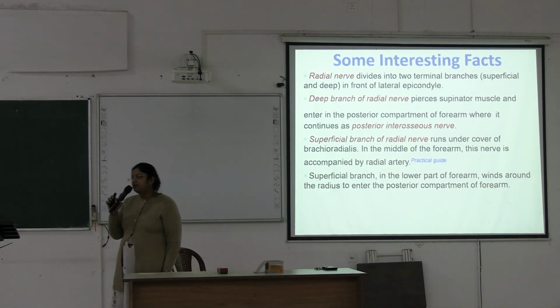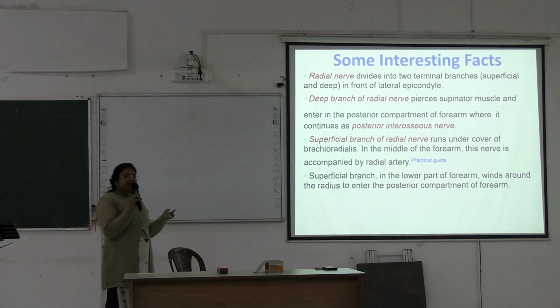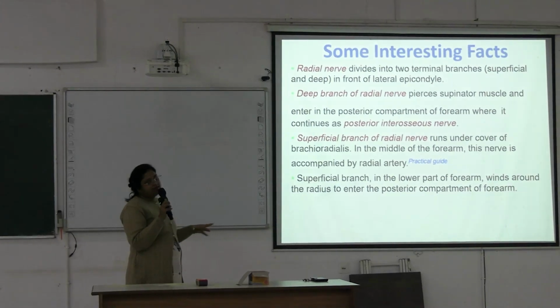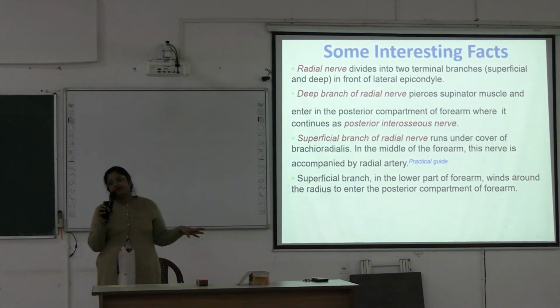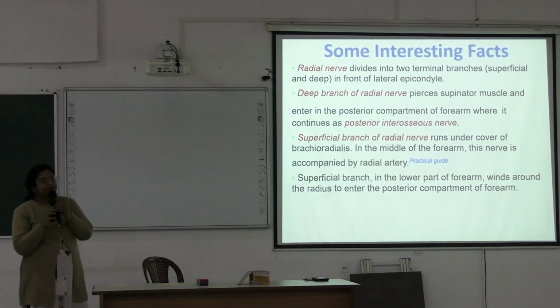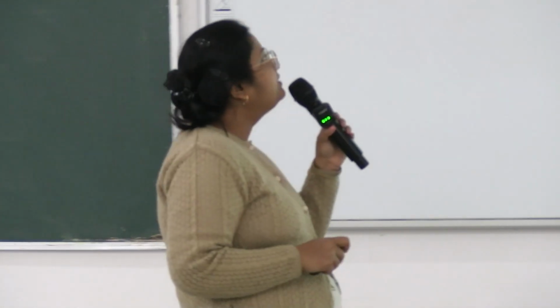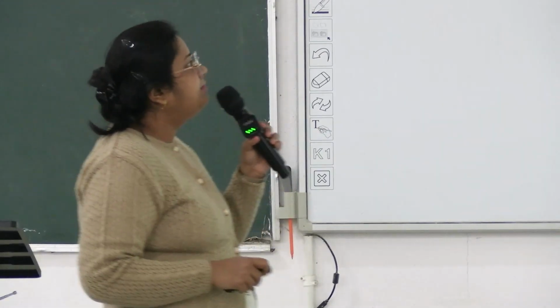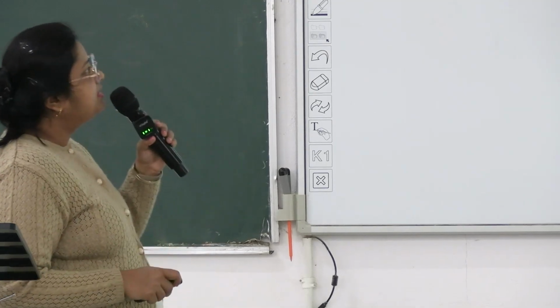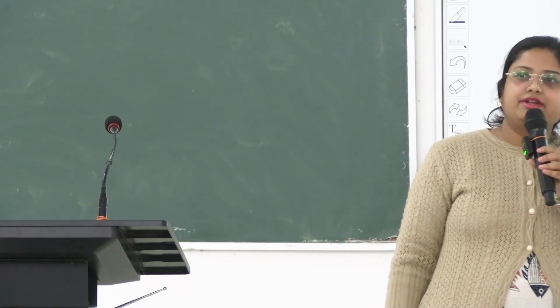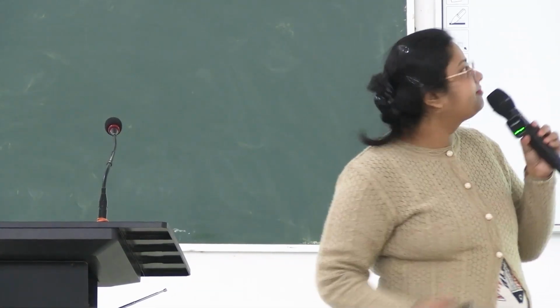And Saturday night palsy, crutch palsy you prepare for your explain why question. Understood? So some facts: the radial nerve divides into two terminal branches, superficial and deep, in front of the lateral epicondyle. This level is important, asked in your OSPE and Viva, where the nerve divides.